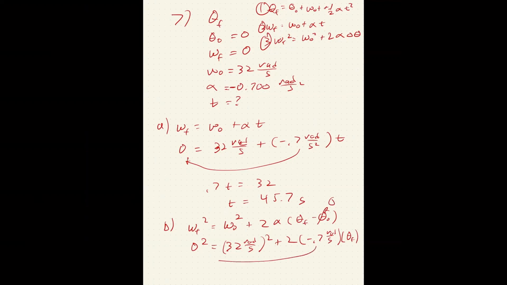I'm going to bring this over here, and so I get 1.4 theta F is equal to 32 squared, which my handy dandy calculator tells me is 1024. So theta F is equal to, I'm going to divide both sides by 1.4.